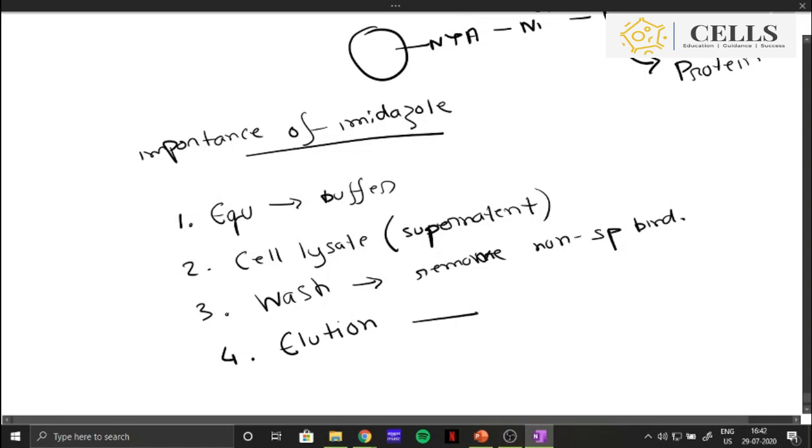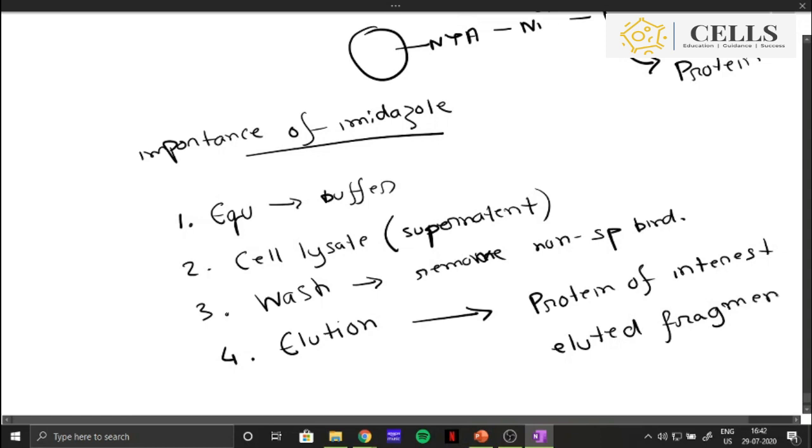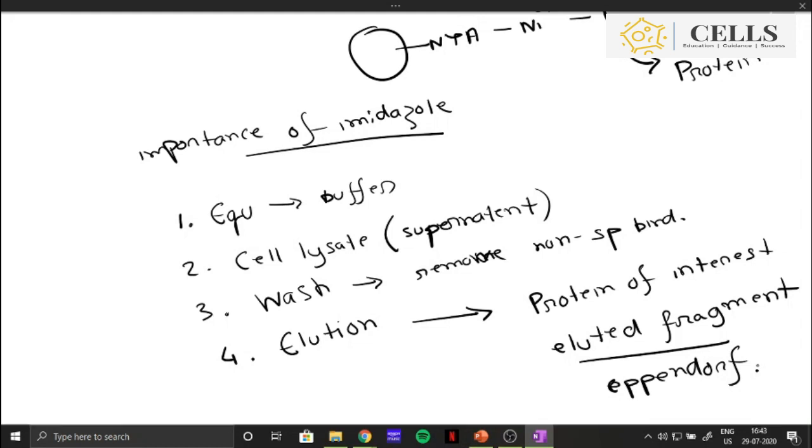After elution, you will get your protein of interest in the eluted fraction. You can collect this in an Eppendorf tube or anything that you need. This is all about affinity chromatography.